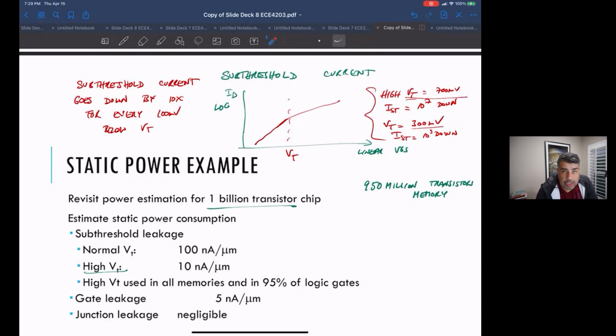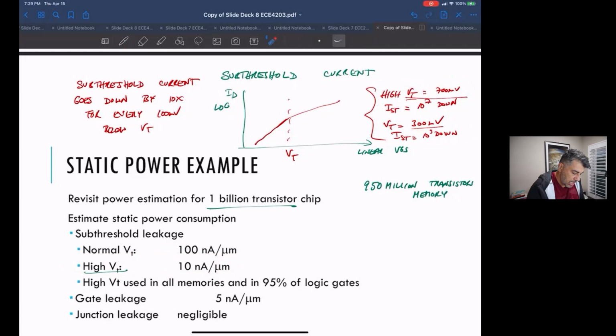You're going to end up having a higher drive current than you do with the high V sub t's, but then they'll have more leakage current. So it's this trade-off. So the high V sub t devices in our example, again, have a lower subthreshold current, 10 nanoamps, compared to the normal V sub t devices that are 100 nanoamps.